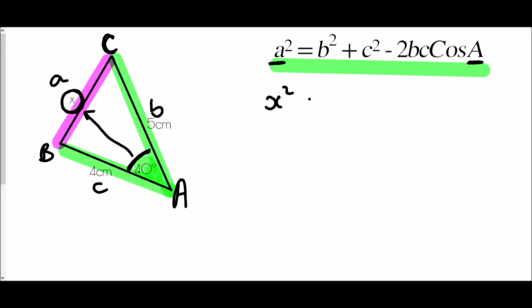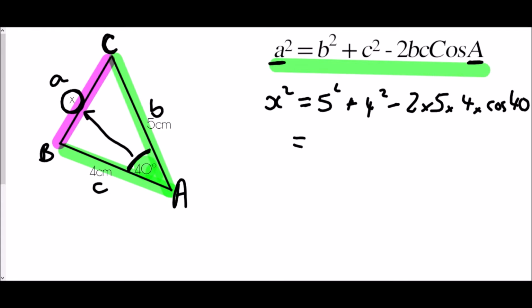So x squared equals b squared, so that's 5 squared, plus c squared, so that's plus 4 squared, take away 2 times, and it is important that we remember this is multiplication, so 2 times 5 times 4 times cos of 40. And the beauty of this method is that all of this can just be typed into your calculator exactly as it is. We don't actually need to do any rearranging at this point.